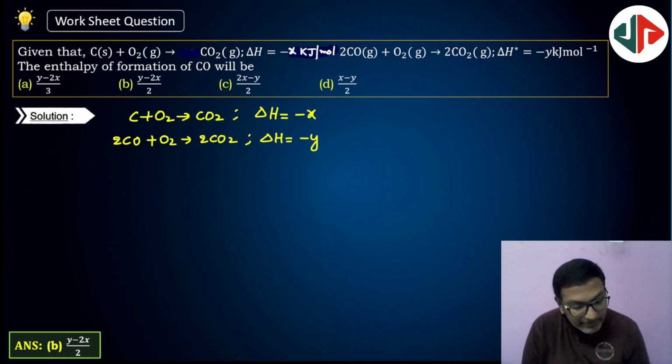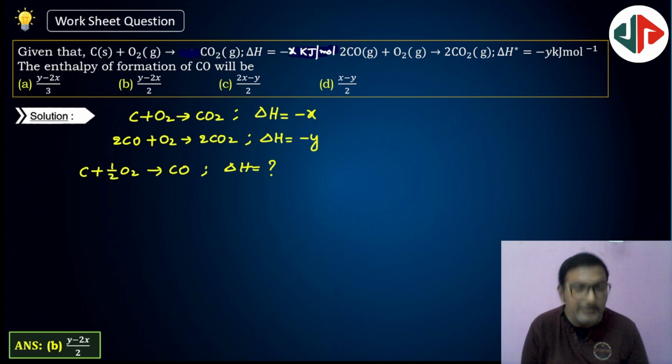So required equation is formation of CO. Formation of CO means C plus half O2 gives CO. So for this we must calculate delta H. So CO must be on right hand side. Therefore, I am reversing this equation.